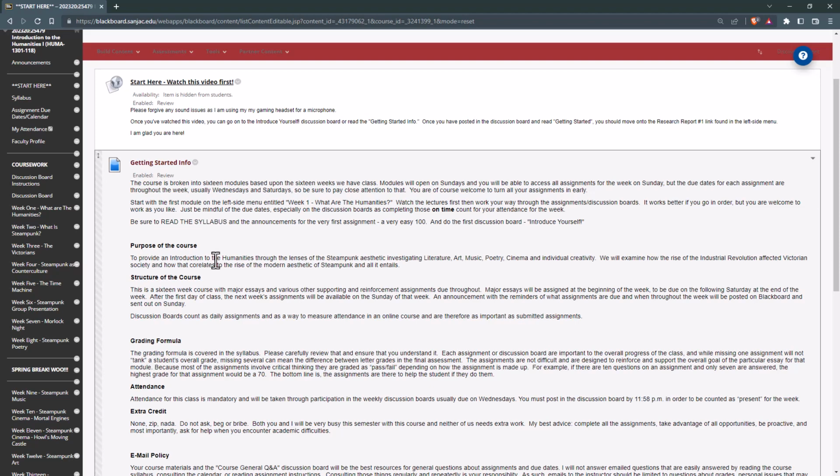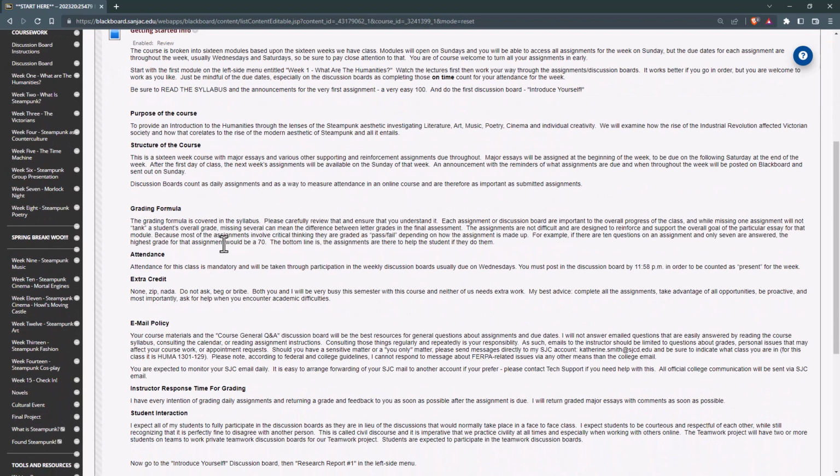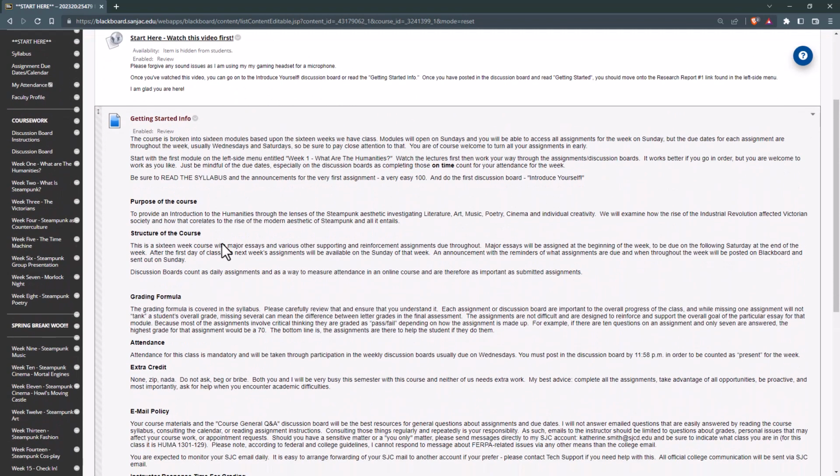Again, it's a 16-week course with a couple major essays, one very major essay, and supporting and reinforcement assignments due throughout. Major essays will be assigned at the beginning of the week, due on Saturdays. I believe there are a couple assignments that you have a couple weeks to do, and certainly there are 2 major assignments that will be due at the end of the semester, and we'll talk more about that in week 1.